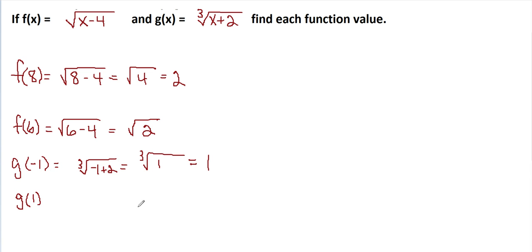Lastly, I'm going to have g of 1 for the g function. Again, that's the cube root of 1 plus 2. And the cube root of 1 plus 2, which is 3, equals the cube root of 3. Now I leave it as such. All right, and again, that's a matter of plugging and playing.